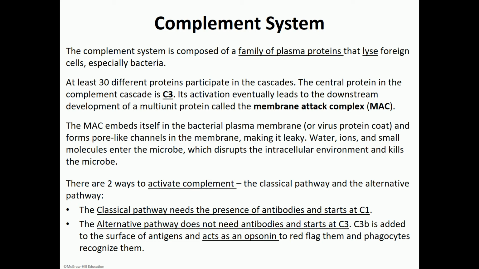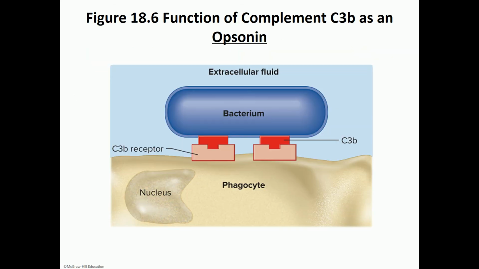Those are the only 2 that can activate this complement system. And when we activate the system using the classical pathway, we are going to start at C1. But there's an alternative pathway where we don't need antibodies, and we're going to actually skip C1 and C2, and we'll start at C3. So I want to go to the image to kind of explain how C3 works.